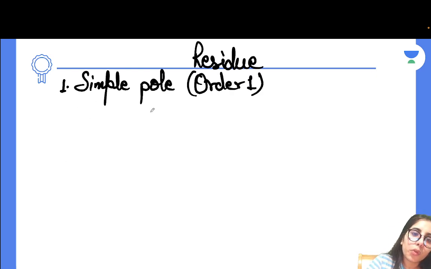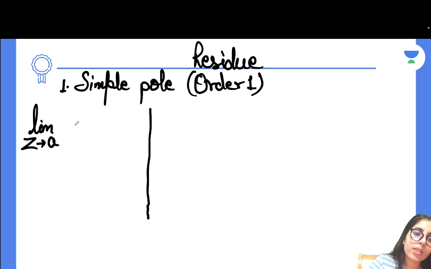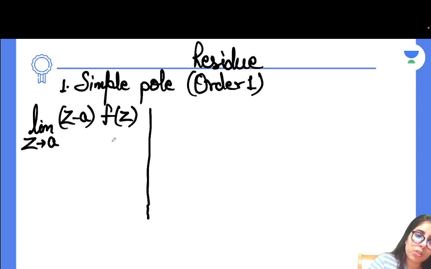Now there are two formulae specifically for the simple pole to find the residue corresponding to it. The first one is the most popular one, and we will normally be using this. It says limit z tends to a, z minus a, f(z), where f(z) is the function which is given to you.